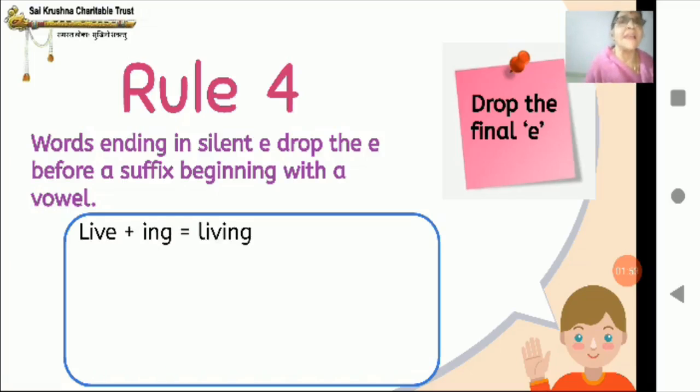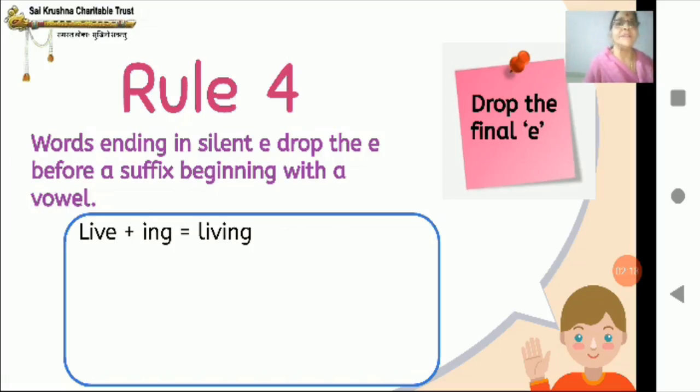Alright, so see here. Live, L-I-V-E. When I say live, you can't hear the E. If you really write as I pronounce, you will only write L-I-V. I don't say livey. Live. E is silent. And what is it coming before? A suffix. What is the suffix here?